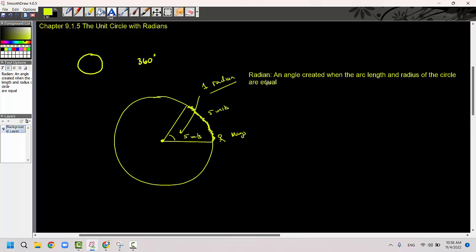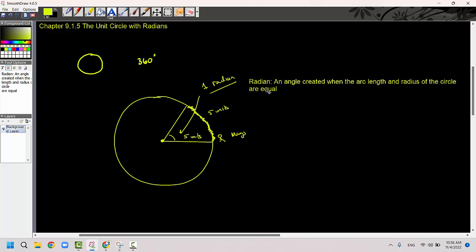And so what happens with radians is that they are inherent to all circles. So if we were to make the circle smaller, and we were to have, say, Al run, let's call this thing 1 unit, he would only have to run 1 unit of arc length to create 1 radian.